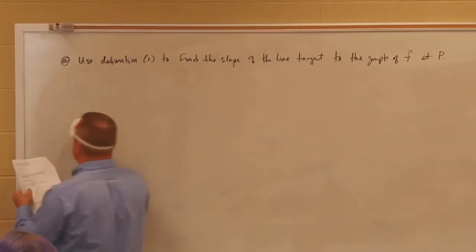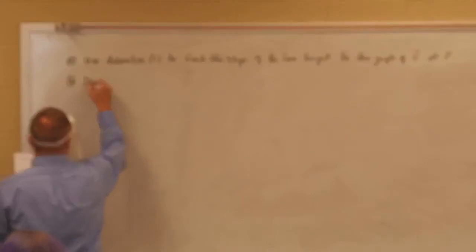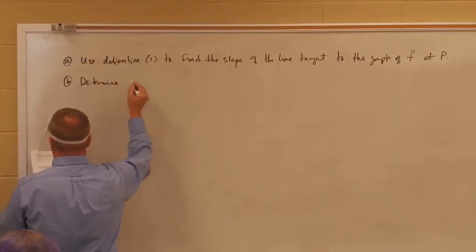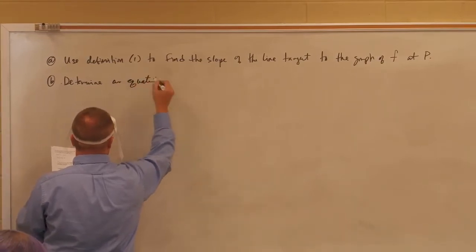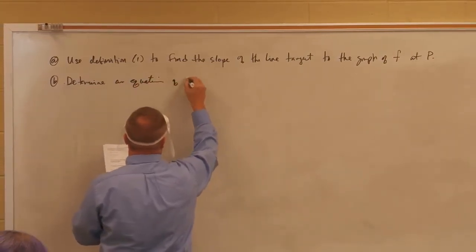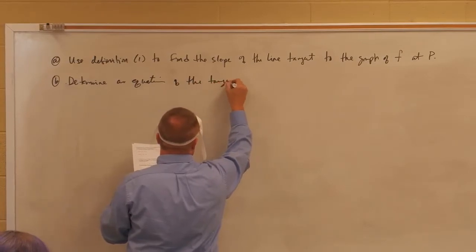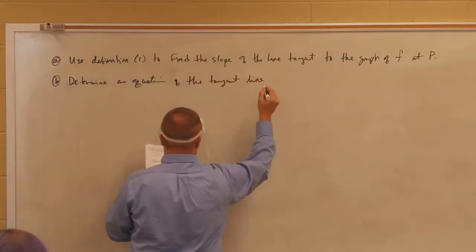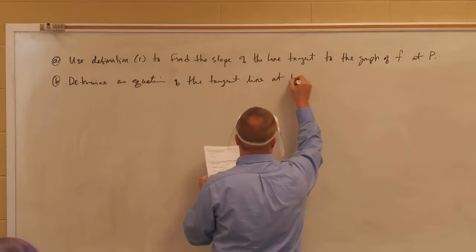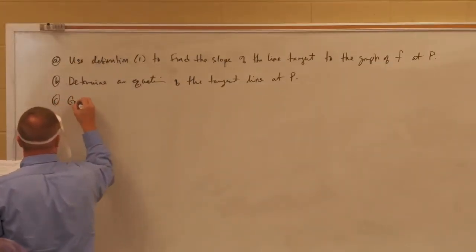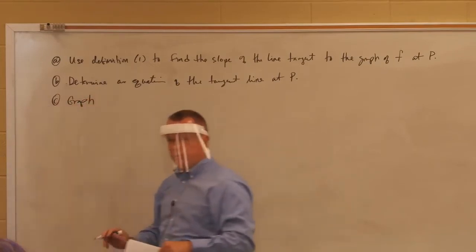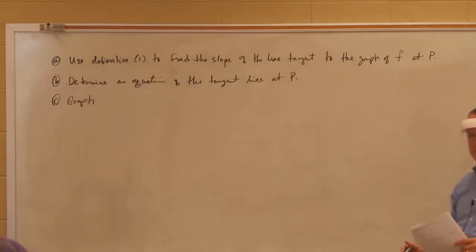And then B, we're going to determine an equation of the tangent line at P. And then C, we're going to graph. Now, all I'm going to do with graph, I'm just going to pull Desmos up and graph it on it. I'm not going to do a hand graph, but we'll look at the graph after that.